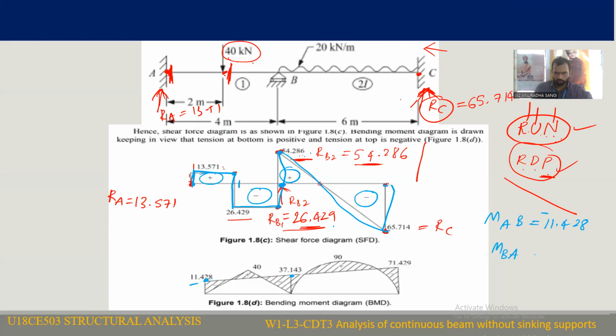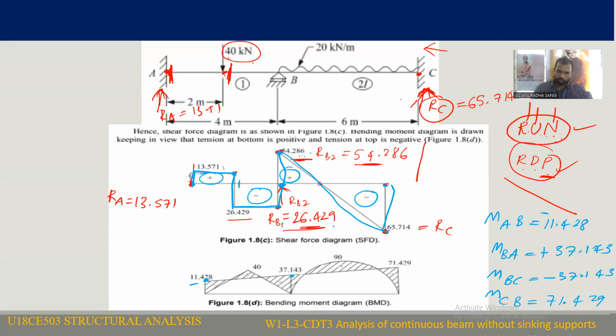MBA is equal to positive 37.143. MBC is negative 37.143. MCB is 71.429 kilonewton meter. So you have to represent all these points first.